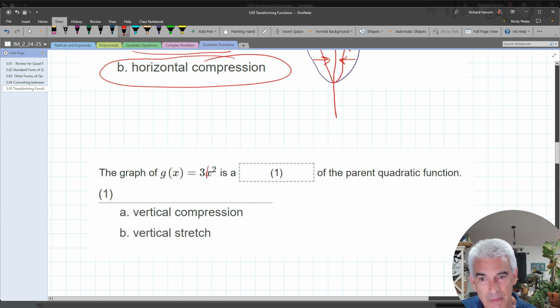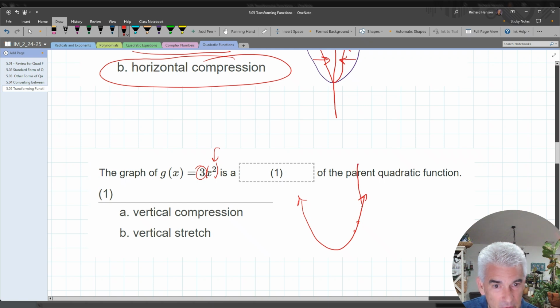Here, we're multiplying after I did the squaring. They don't have parentheses here, but do the squaring first. Take that answer and triple it. So this causes every y coordinate on this graph to be tripled. Every y coordinate is 3 times farther up. Well, 0, 0 is 3 times farther up, so it doesn't move.